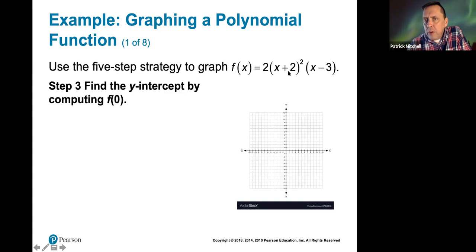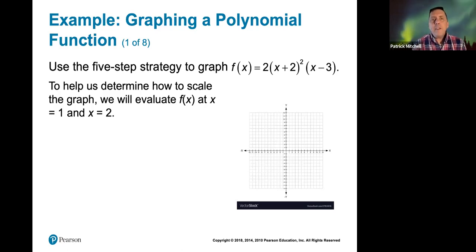So we have 2 times 4 times negative 3. 2 times 4 is 8. 8 times negative 3 is negative 24. So the y-intercept of this graph is 0, negative 24, which means this scale that I have set up here is probably no good. It only goes up to 12. I think this was the best grid that I could find. When I actually draw the graph, you'll see I use a different one.